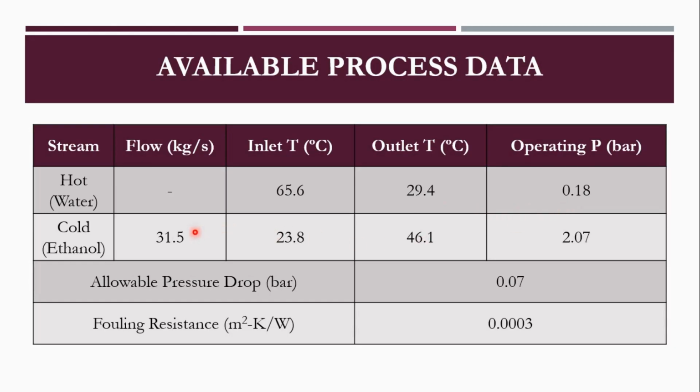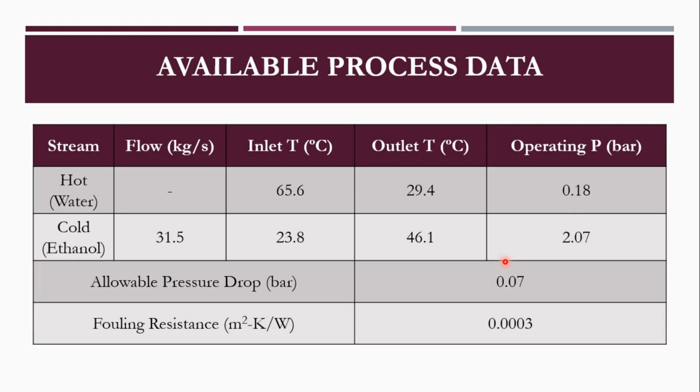For the cold stream, the flow rate is 31.5 kg per second. The ethanol enters at 23.8 degrees Celsius and leaves at 46.1 degrees Celsius with an operating pressure of 2.07 bar. These are the process conditions provided for our heat exchanger design.